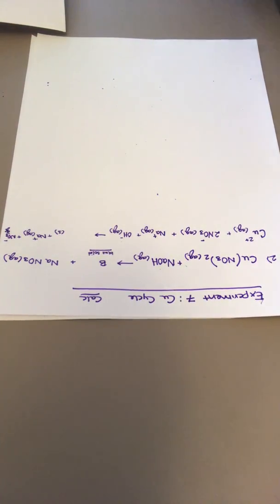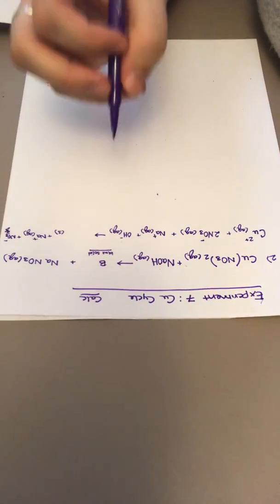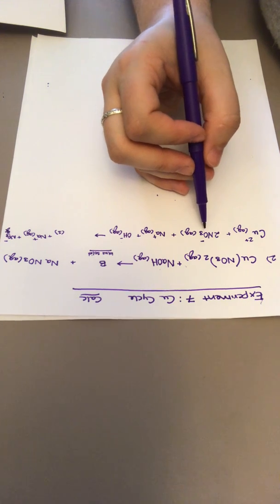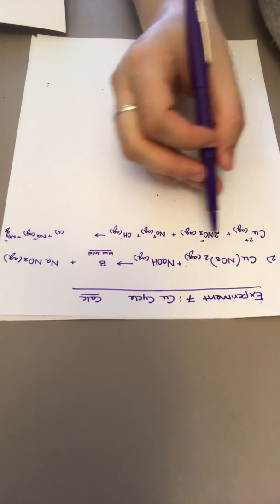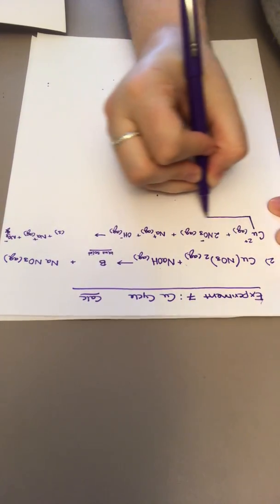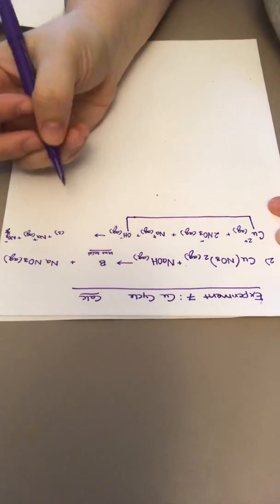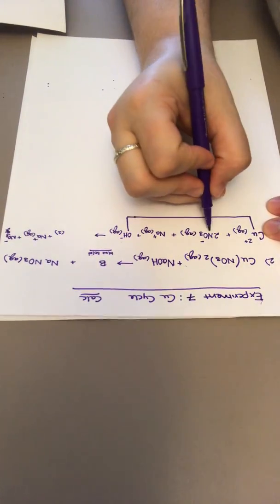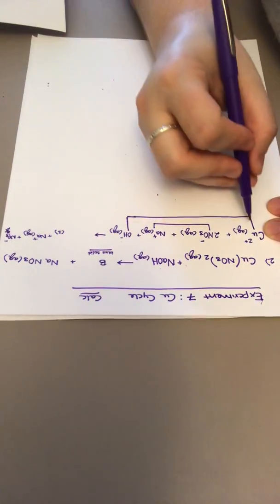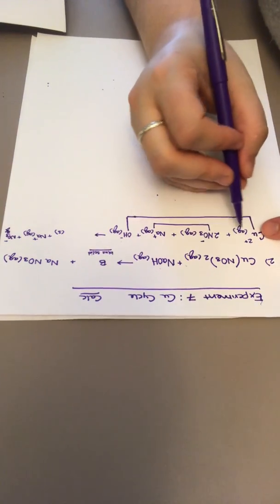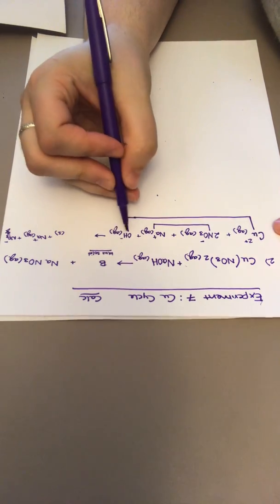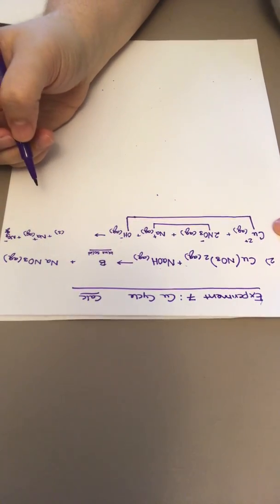So what we're looking for here is, what is actually happening? We know that it's not going to be the copper nitrate compound, because that's what we had to begin with. So that means that our positively charged is going to match up with our negatively charged, which is what we're seeing over here. That's why we're calling it a double replacement, because the positive charge over here is switching partners, if you will, with that negative charge of the other reagent.